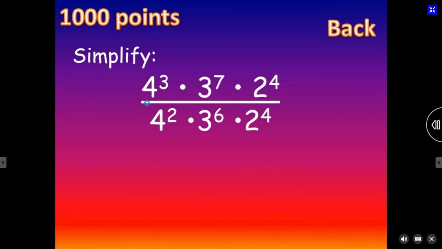When we're using our property rules, that's us using algebra. But you can go back to math. Just write it all out, cancel what's on top and bottom, and then simplify what you got left. You gotta do what you gotta do to get that 1,000 points.